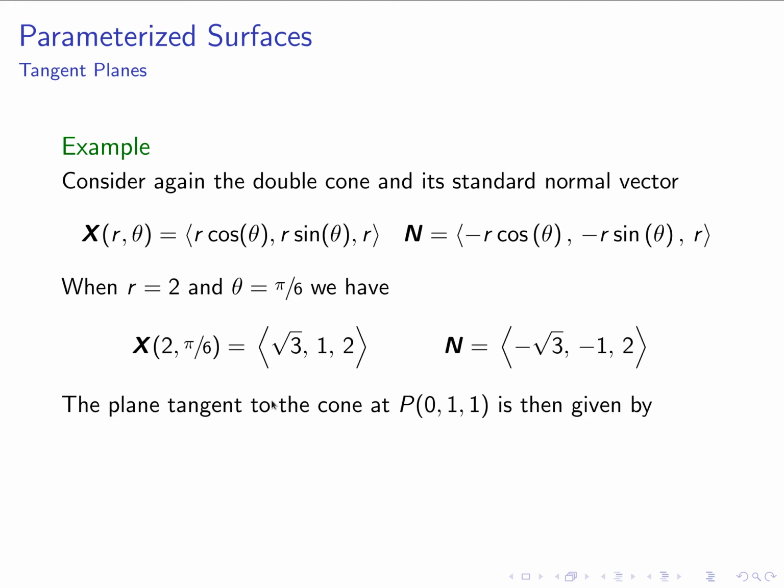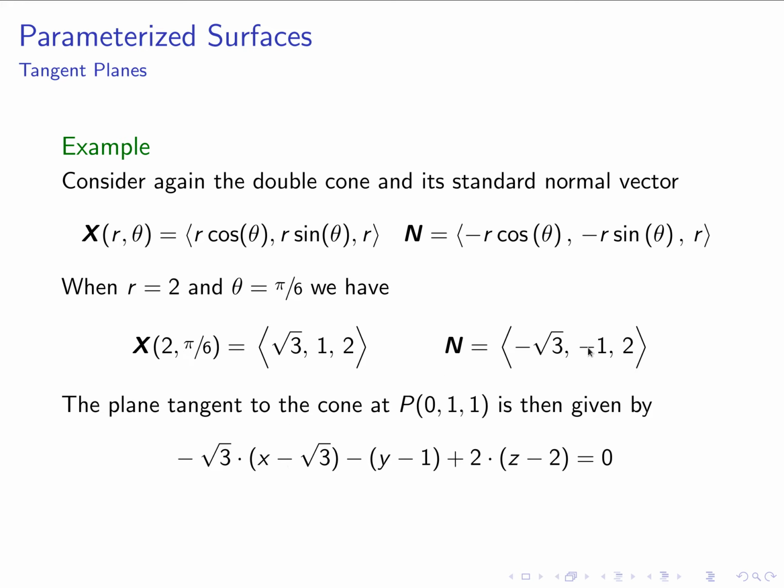So what is the plane tangent to the cone at the point root 3, 1, 2? It's the plane with point vector root 3, 1, 2, and normal vector negative root 3, negative 1, 2. That's exactly negative root 3 multiplied by x minus root 3.